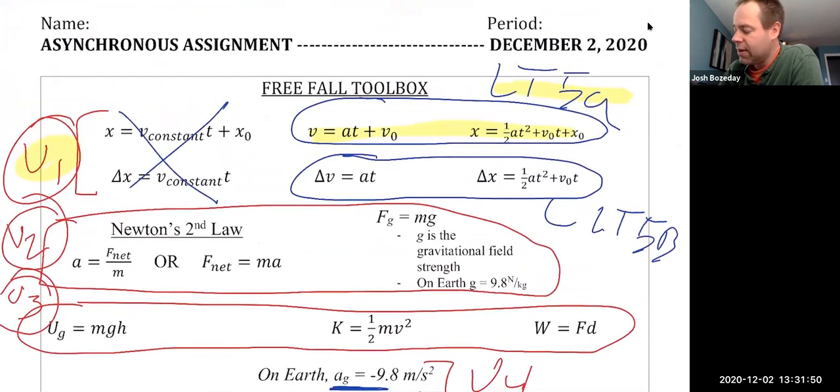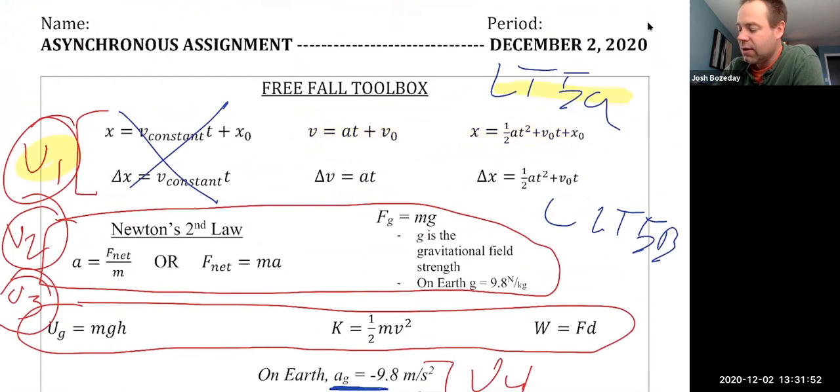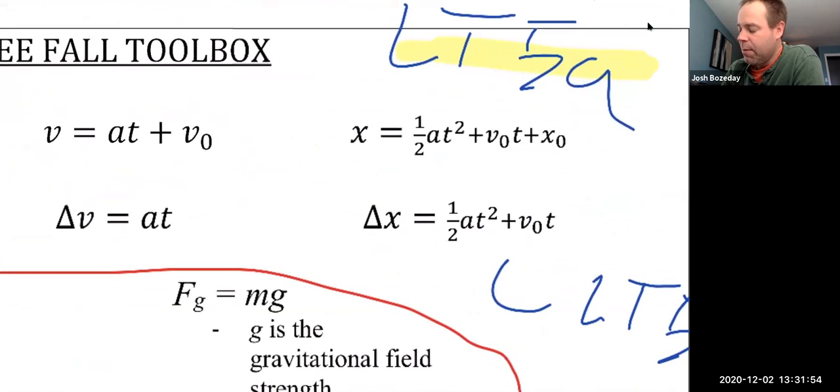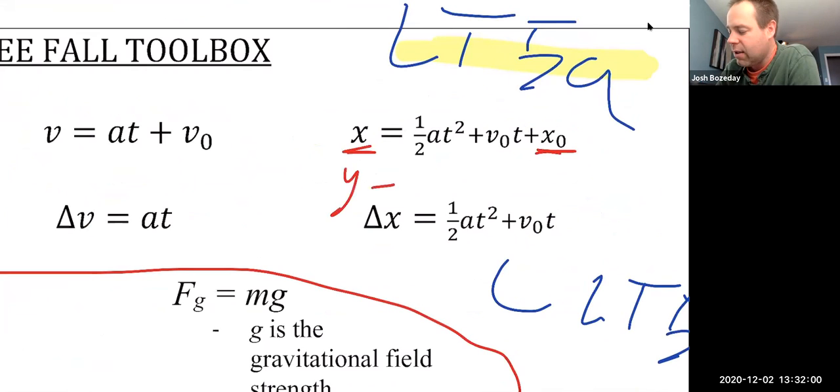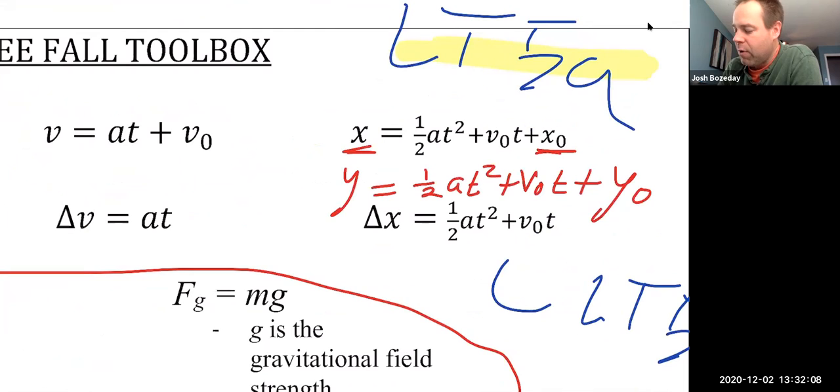The reason I bring that up is because when I look at this equation here, remember, this is how we write it for the x direction, but in the y direction, if we're moving up and down, we write it like this: y equals 1/2 at squared plus v initial t plus y initial. And remember, anytime it's just blank like this, it's really talking about the final.